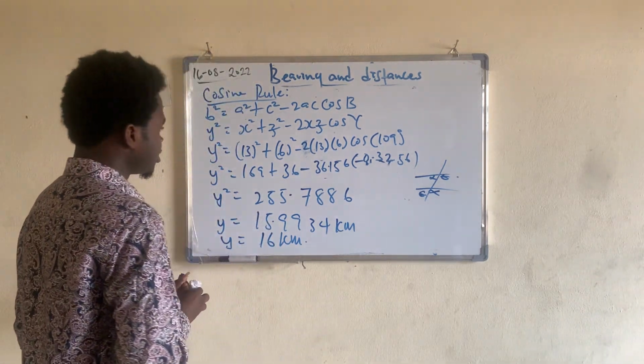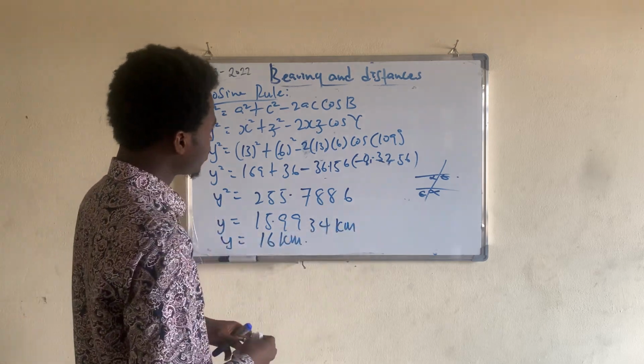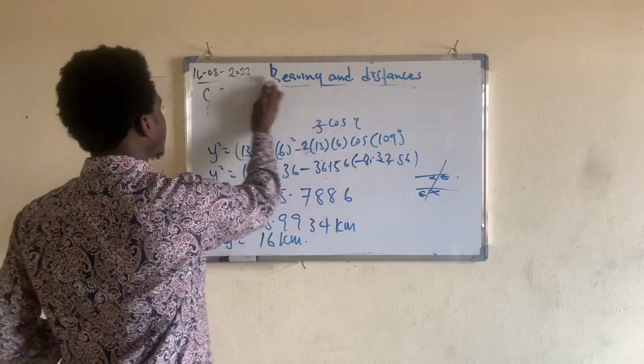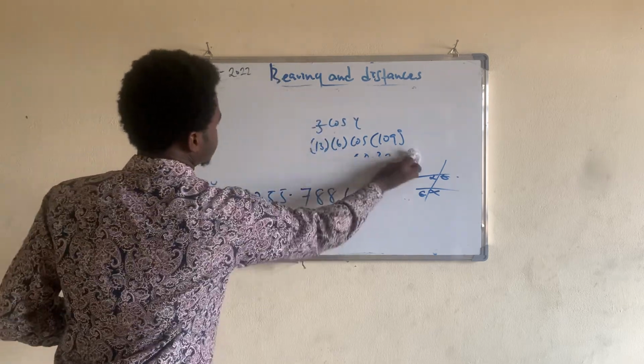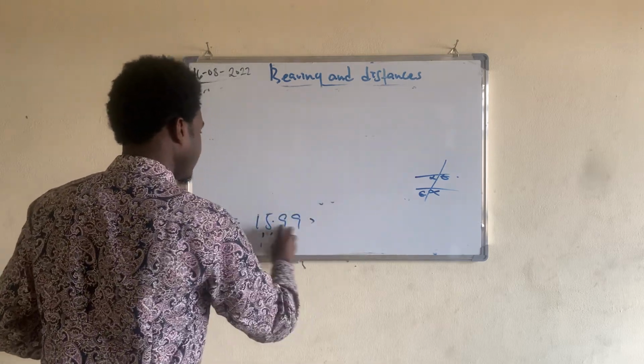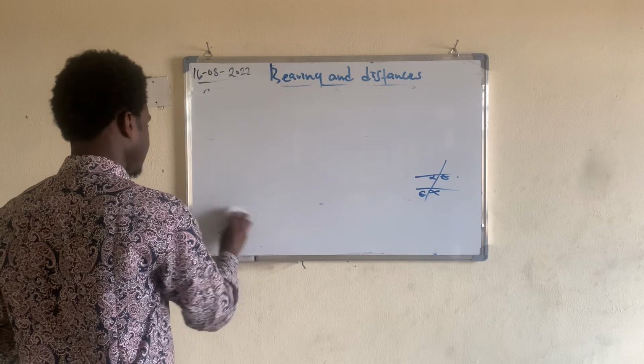To obtain the bearing, we make use of our sine rule to solve for theta.